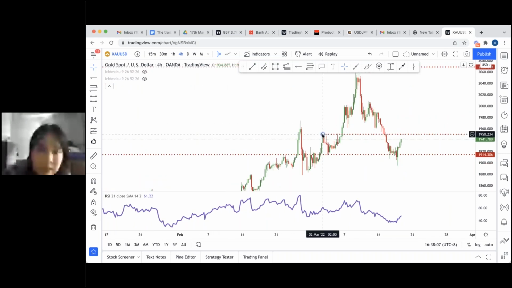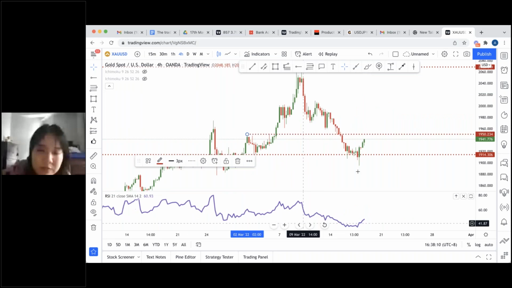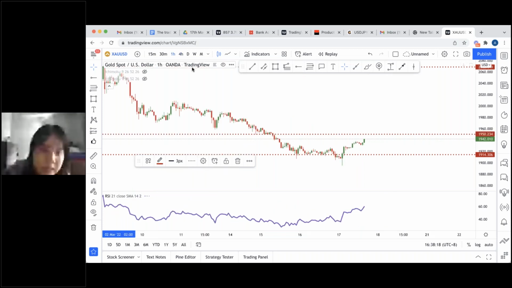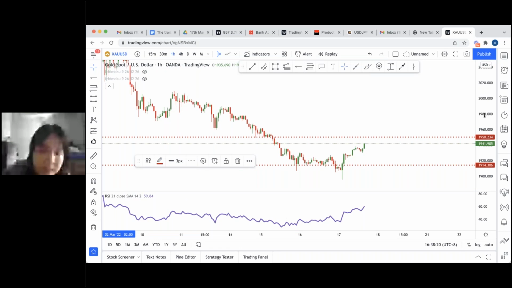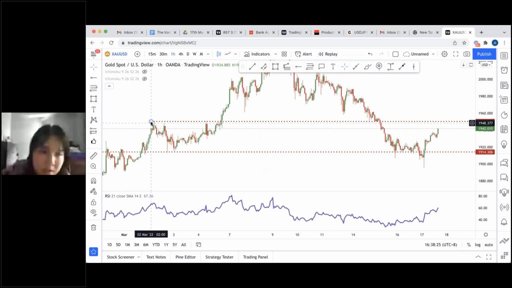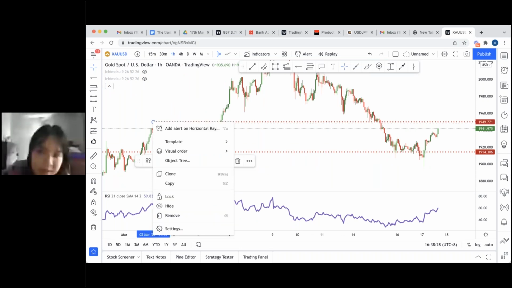Right now, I can see there will most likely be a $10 move to this resistance level, right? If you guys are on the hourly, there'll be a $10 move most likely here towards this resistance because it's quite a strong level of resistance at least. But breaking this will find gold moving even higher.